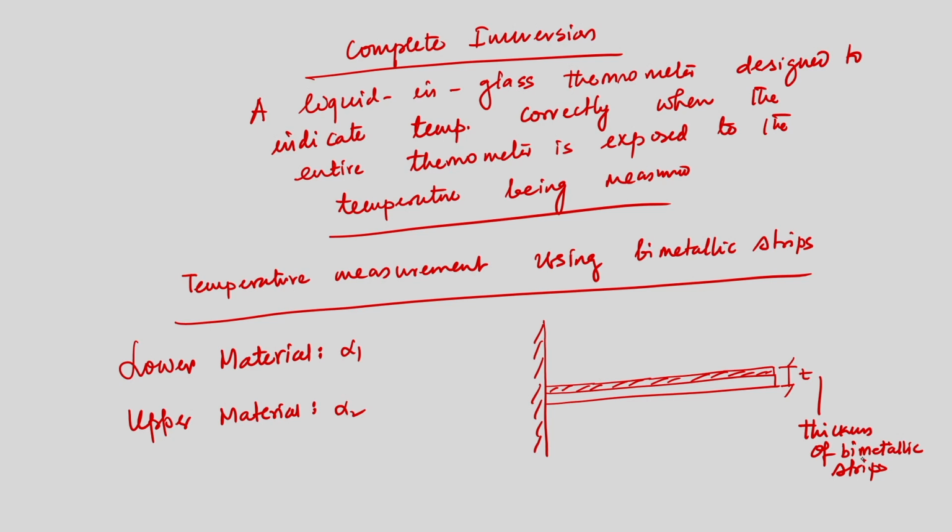So, one metal strip is taken over the other metal strip. Now, M is very important, that is nothing but the ratio of thickness of low to high expansion material thickness.